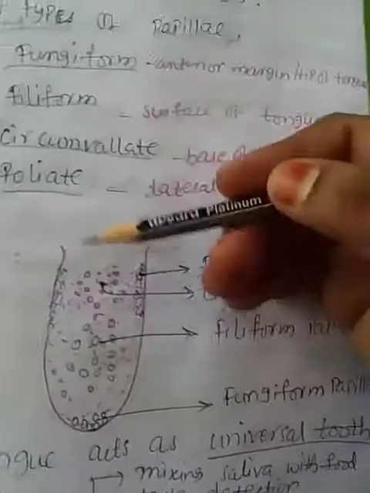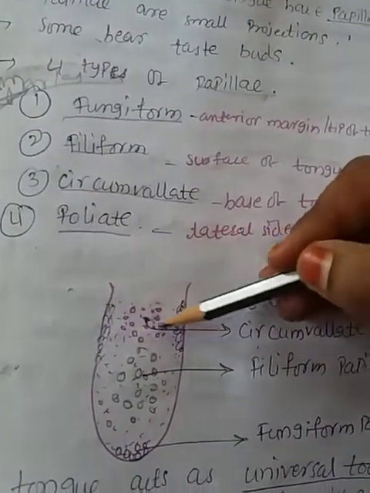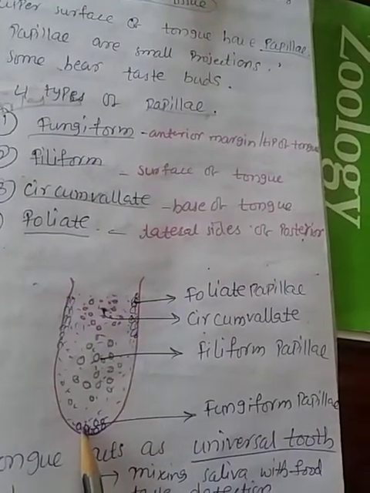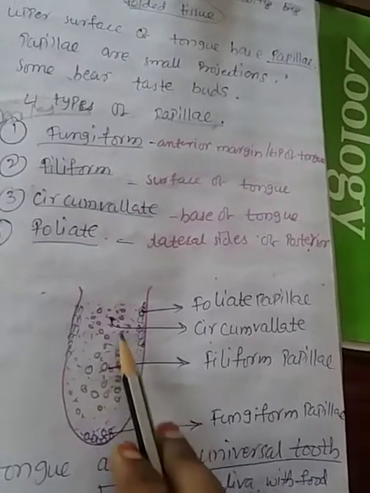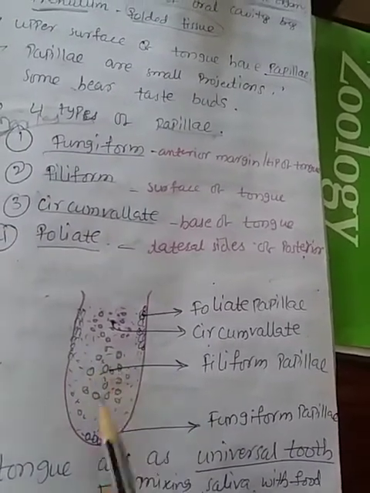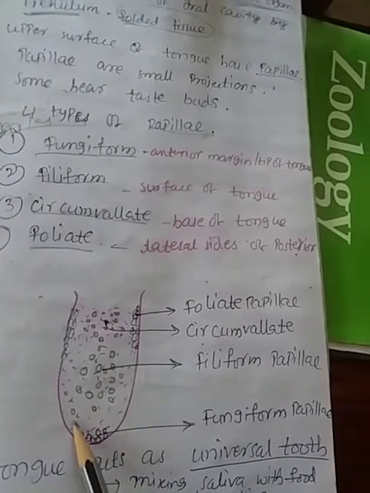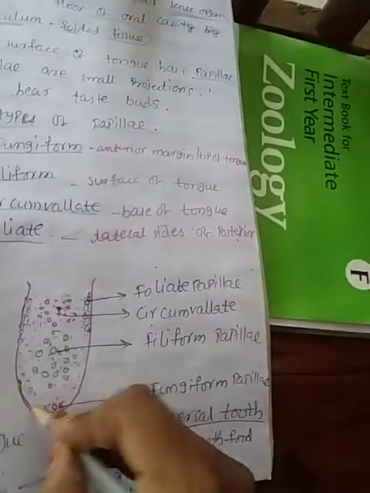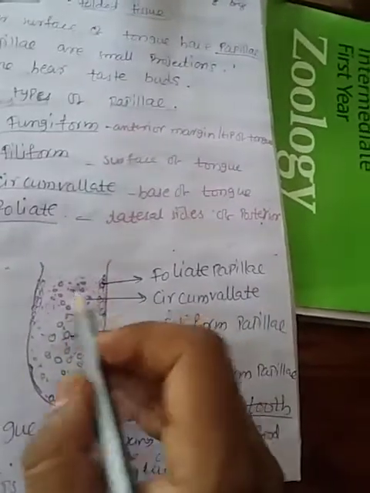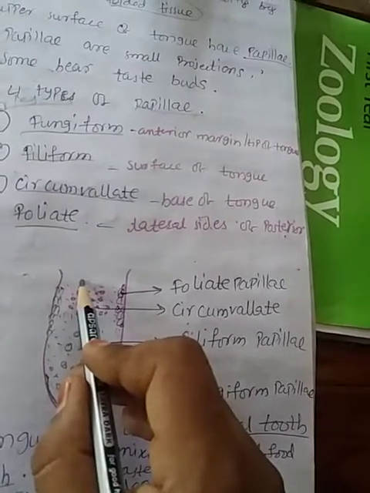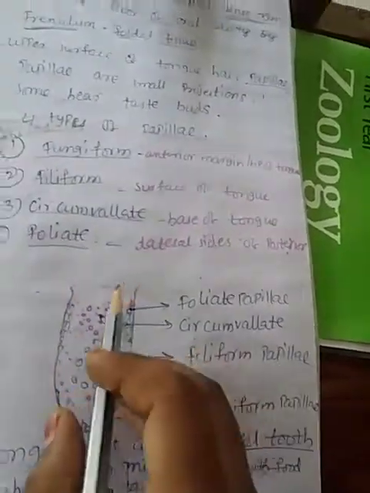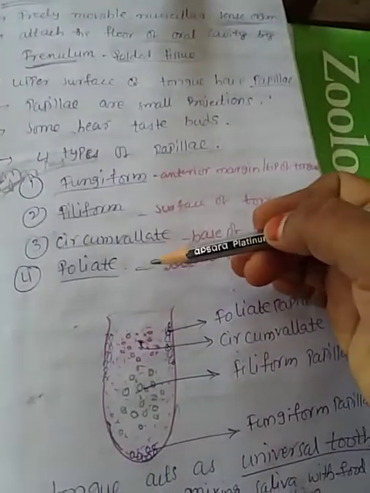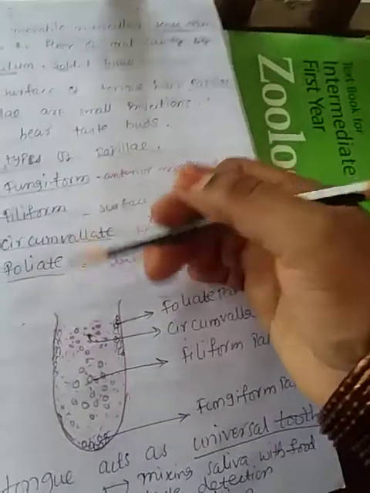Here this is the tongue and the location of the papillae. This is the tip of the tongue, this is the surface of the tongue, and this is the anterior margin. And here is the base of the tongue. The papillae are located in different places on the tongue.